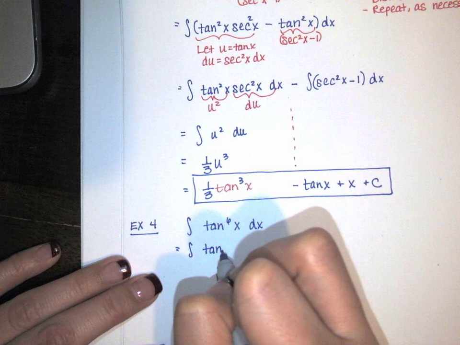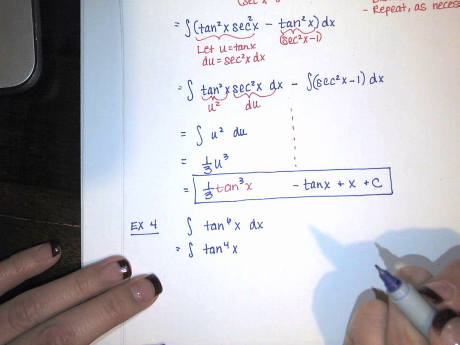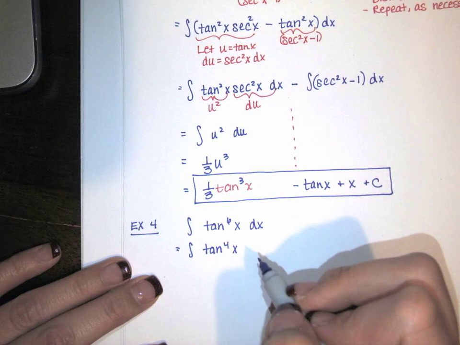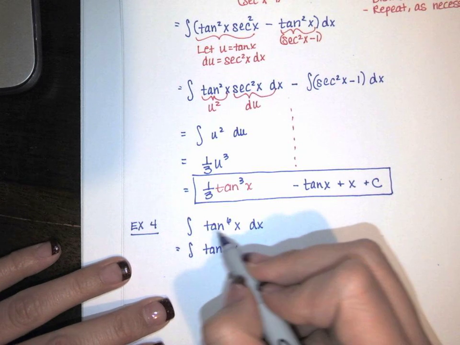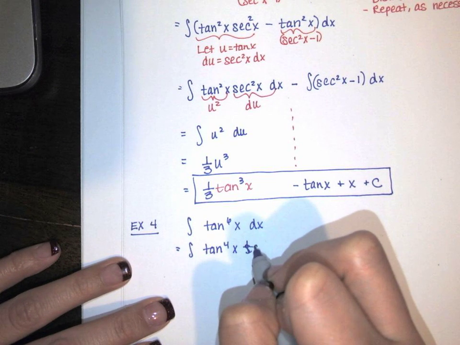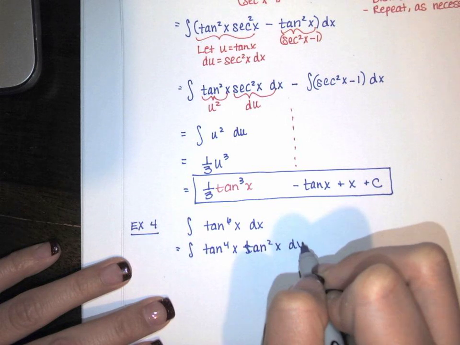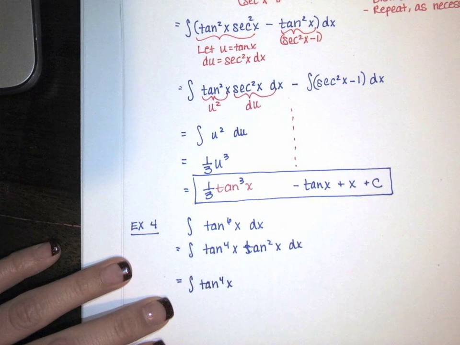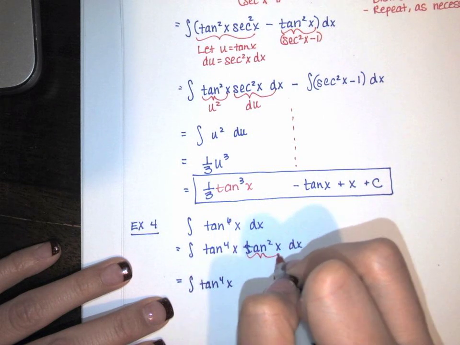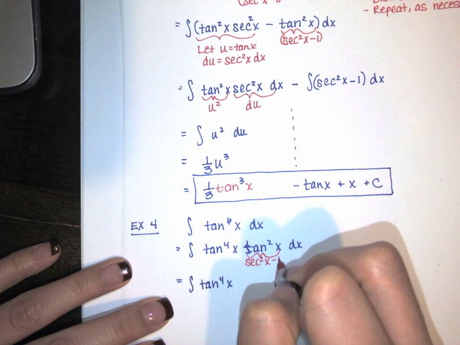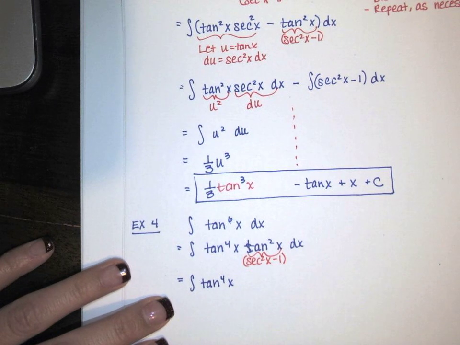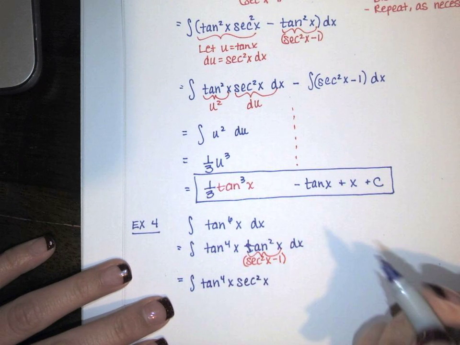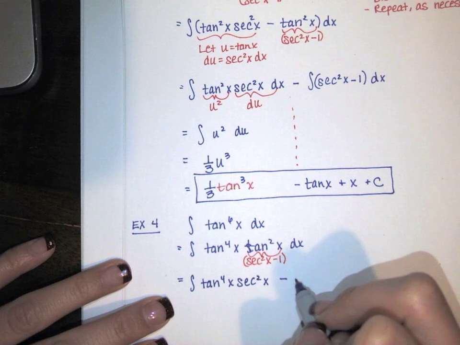The guideline said, take your tangent to the sixth, because the power of tangent is even and positive, and factor out a tangent squared, and replace that tangent squared with secant squared minus 1. And distribute. So I've got tangent to the fourth times secant squared minus tangent to the fourth times negative 1.